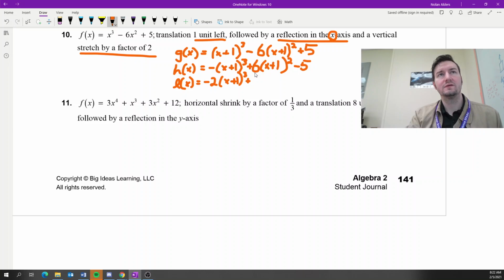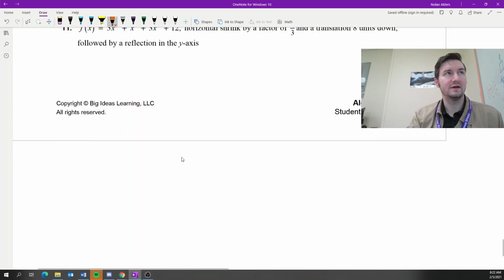And then we'll also put a 2 here too. So 2 times 6 is 12 x plus 1 squared. And then also a 2 times this, so 2 times 5 is 10. So you can see with stretches and shrinks, you just multiply by whatever factor they say.